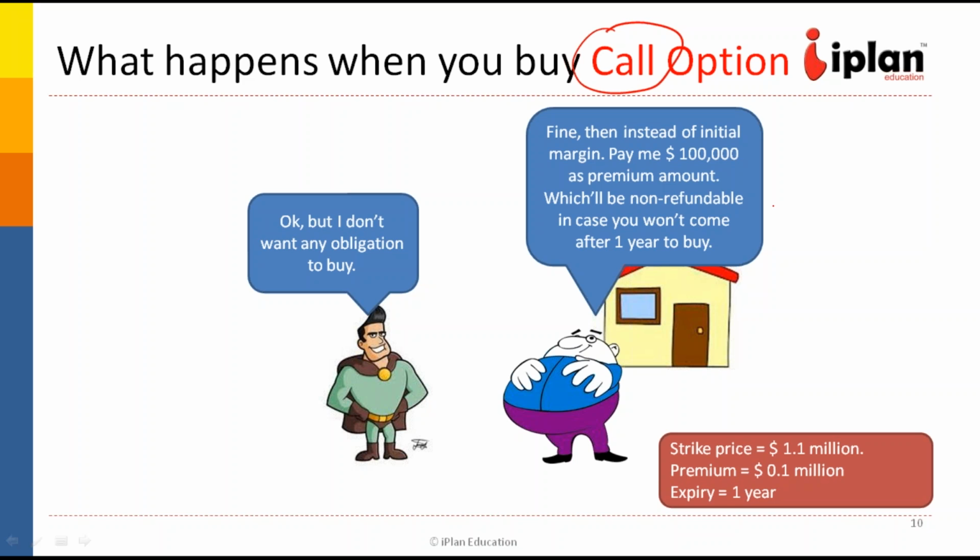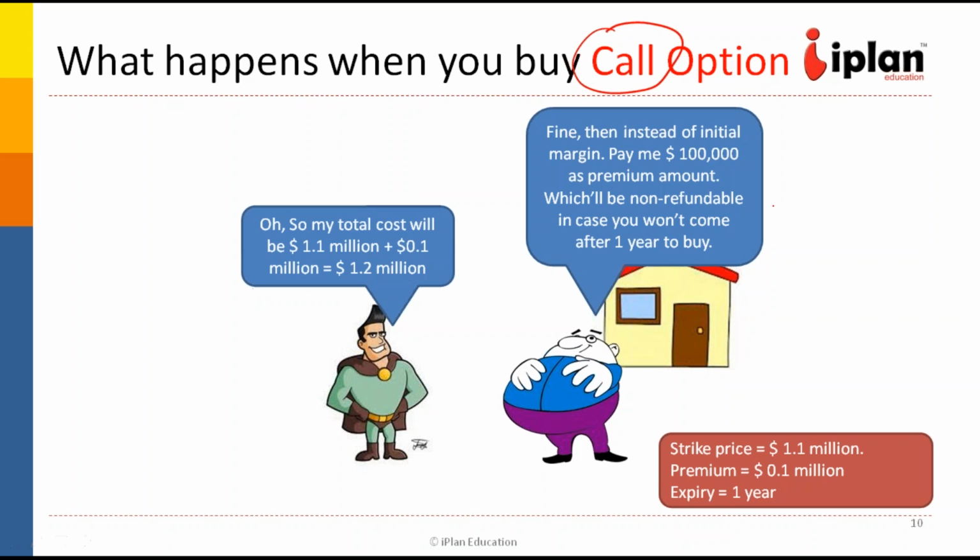the property. In that situation, the total cost to buyer will be 1.1 million is the increased price for 1 year already, and then 0.1 million is the extra premium charged over that. So the buyer's cost would be 1.2 million. So what is the deal price here right now?